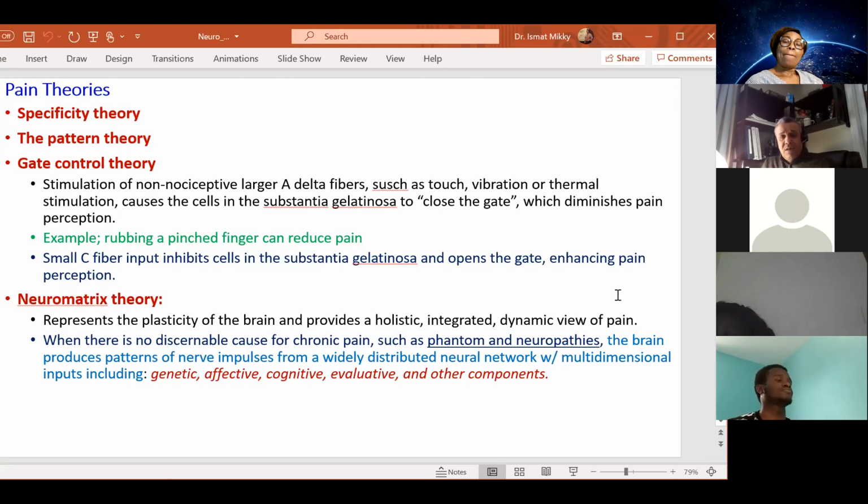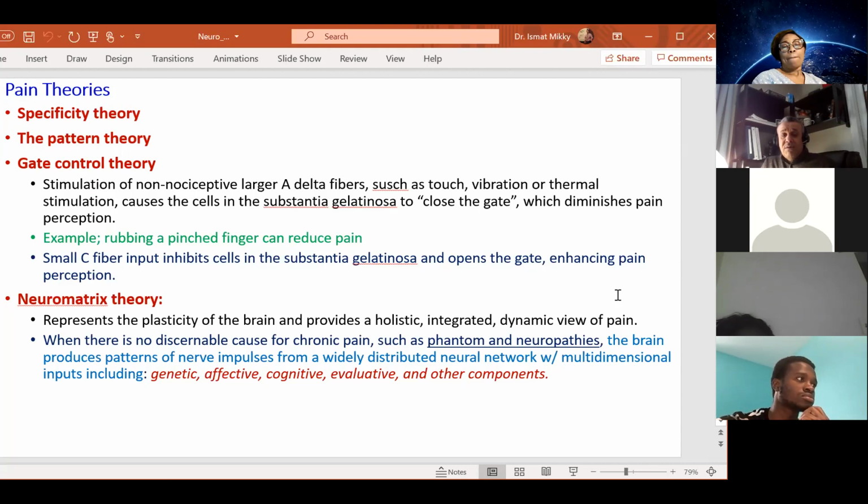The pattern theory describes the role of impulse intensity and the restructuring of the central nervous system. Although the theory evolved to provide an explanation for neuropathic pain, it doesn't account for all types of pain experience.